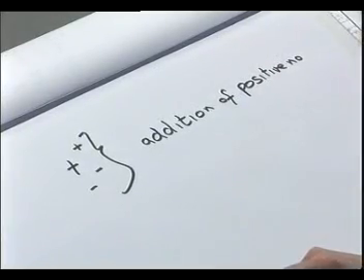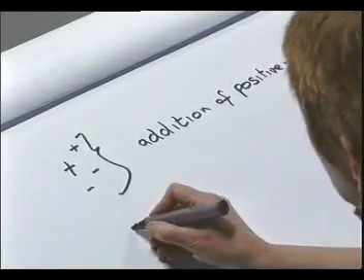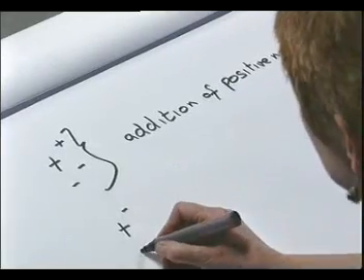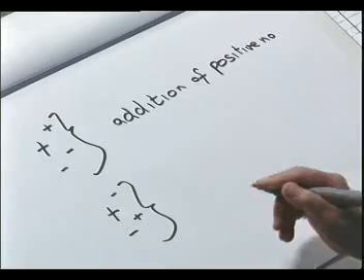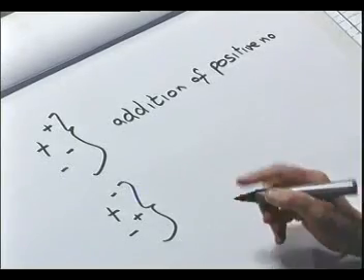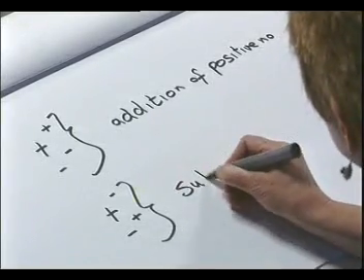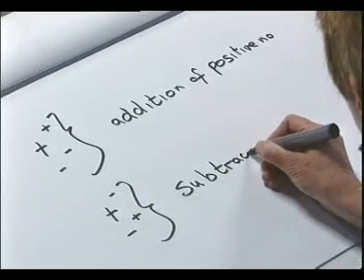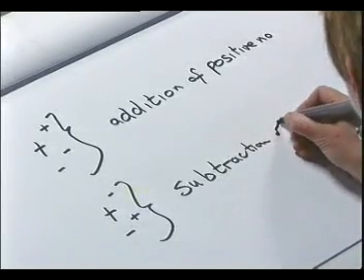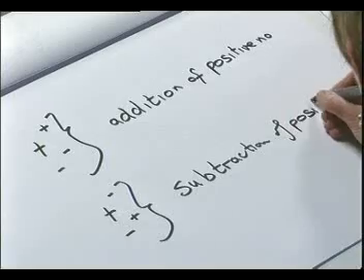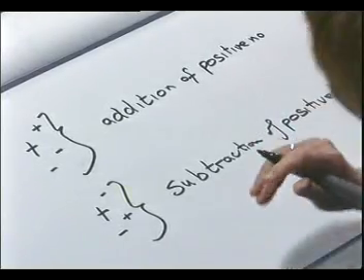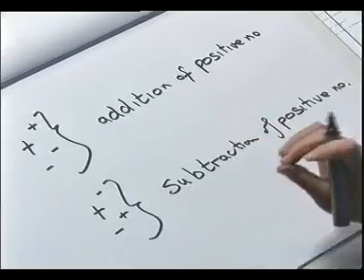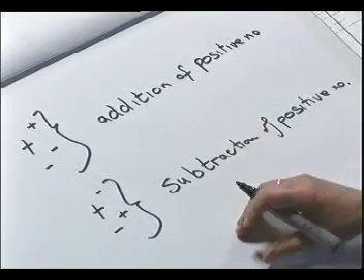If the operation and the sign are different, like this, then the operation works like the subtraction of a positive number. Now, if you remember those 2 golden rules, then the addition and subtraction of positive and negative numbers is dead easy.